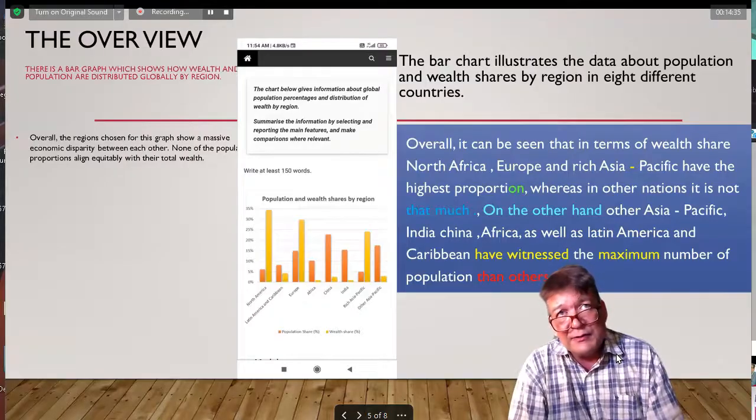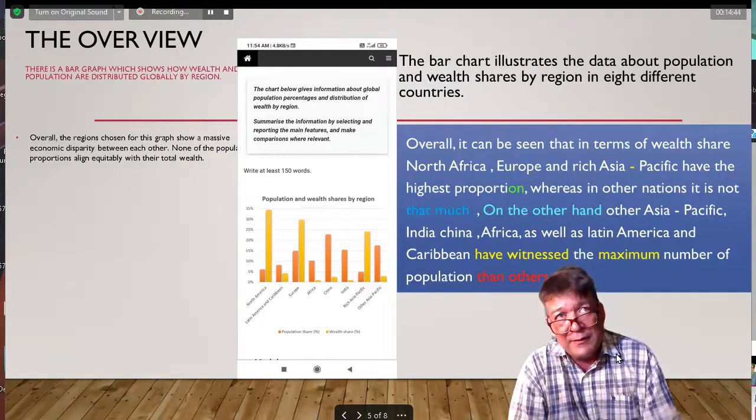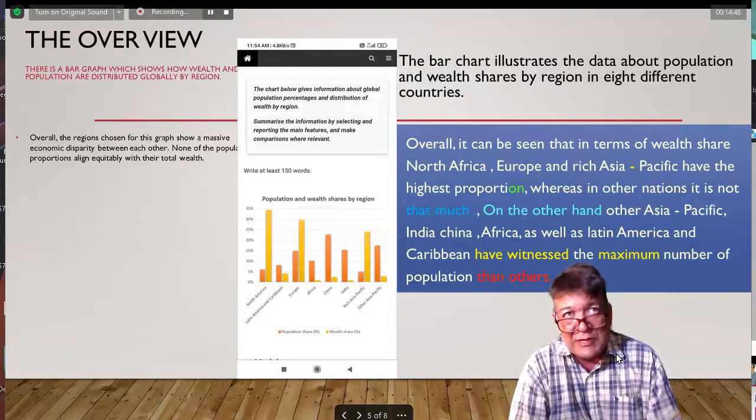All right. Other Asia Pacific, India, China, no comma. Africa as well as Latin America and Caribbean. What? Okay, that's just a terrible list. Have witnessed. No, they don't witness it. They are it. The maximum number of population.